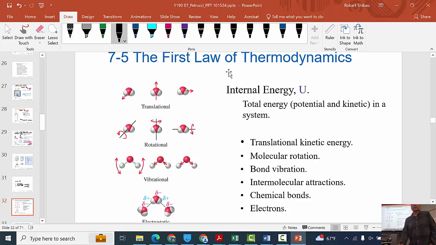The way we're going to predict things is to use the first law of thermodynamics, and there are two things that we really want to know. We want to know something of delta U. This is the change in total energy, or change in internal energy of the system. Internal energy is the total energy.